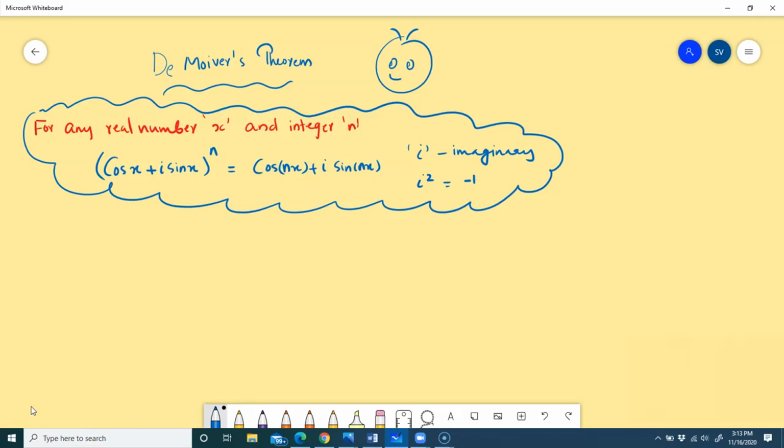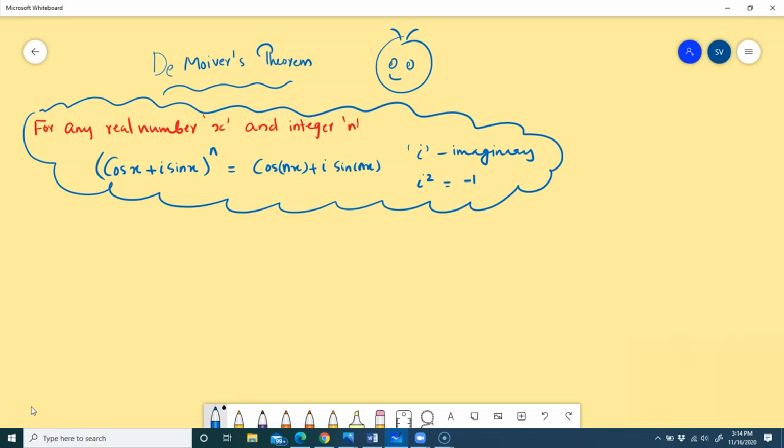Okay, so we can start our proof. But before we start, I just want to give a note. Why is this formula important?